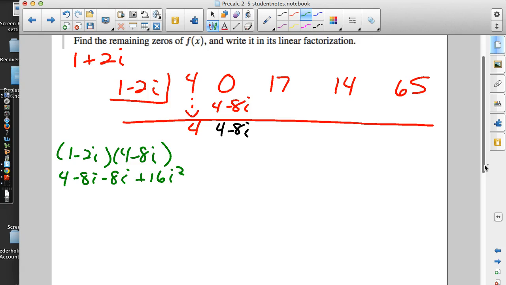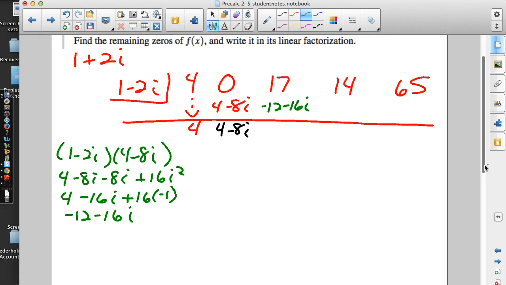So a couple of things here. First off, we can put those two middle terms together. And then we have to notice that i squared is supposed to be a negative 1. So it's really going to be 4 minus 16. And that would give us negative 12 minus 16i. So that little bugger is going right here.